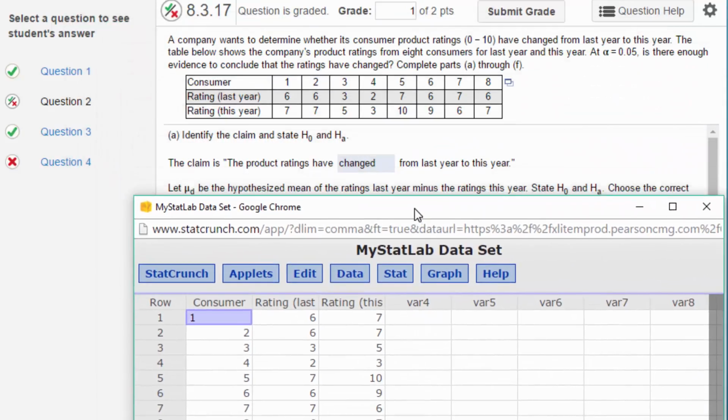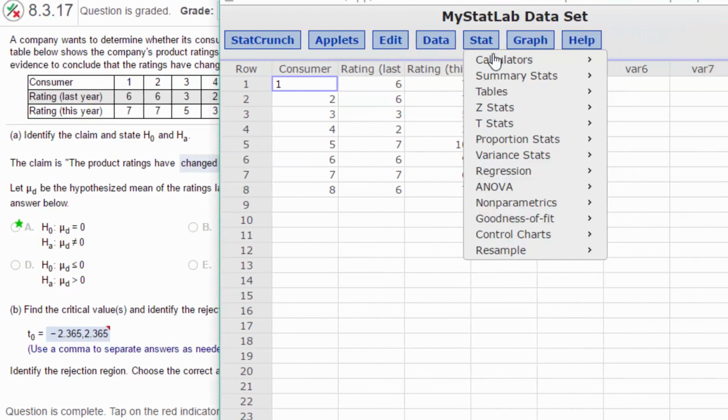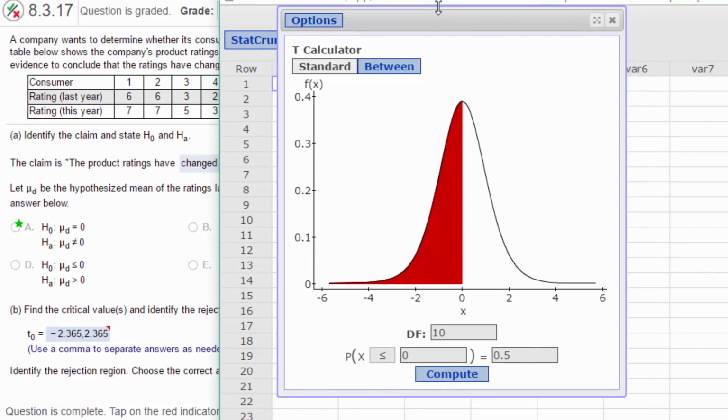The first thing I want to do, though, is to get my critical values. We go to Stat, Calculators, T-Test, and we know that the distribution curve is symmetrical, so all we have to do is solve for one value and then put a plus or minus as appropriate on that. We need the degrees of freedom.